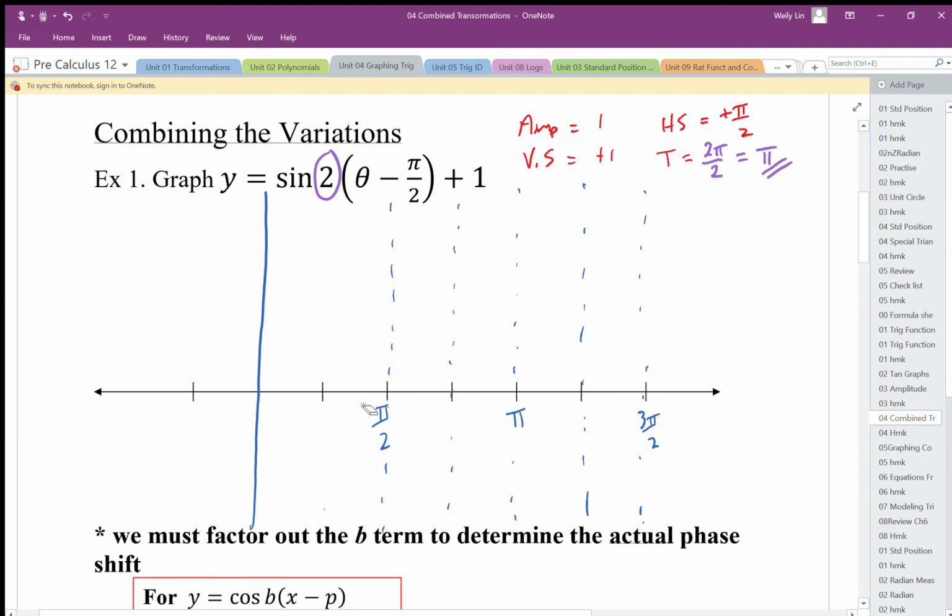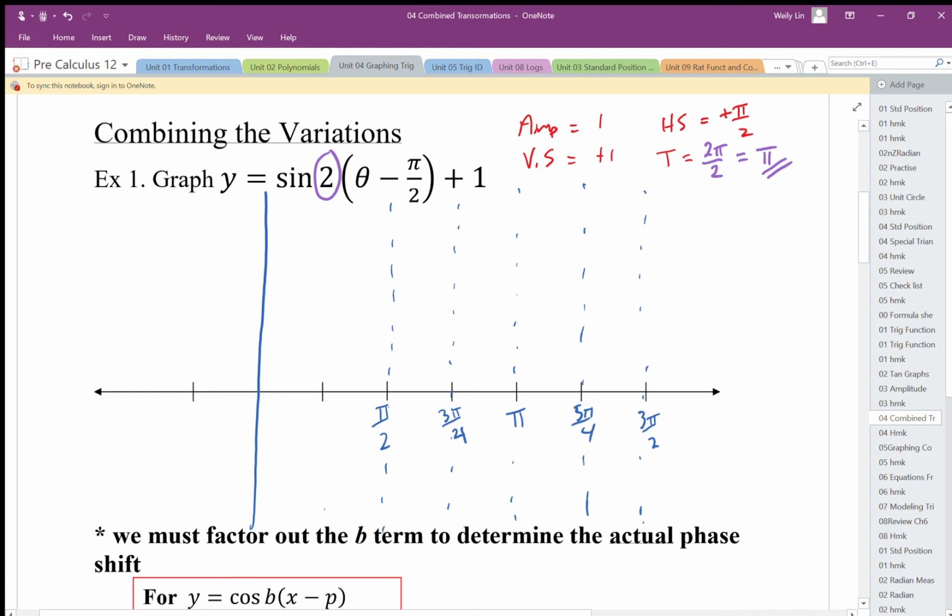Halfway between half a pi and a whole pi is 3/4 pi, or I can add and divide: 1/2 plus 1 divided by 2 is 3/4. And between 1 and 1.5 is 1.25, or 5 pi/4. Okay, so those are my quadrant boundaries.